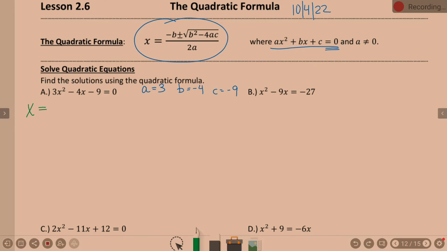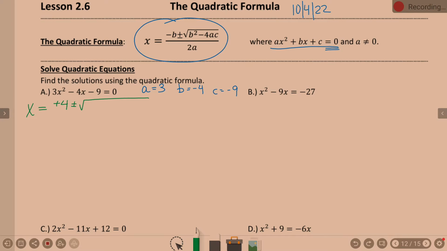I'm solving for x. So I'm going to say x equals negative b. What are we going to use for negative b? b is negative 4, so the opposite of negative 4 is going to be positive 4. Plus or minus, big old square root, b squared.